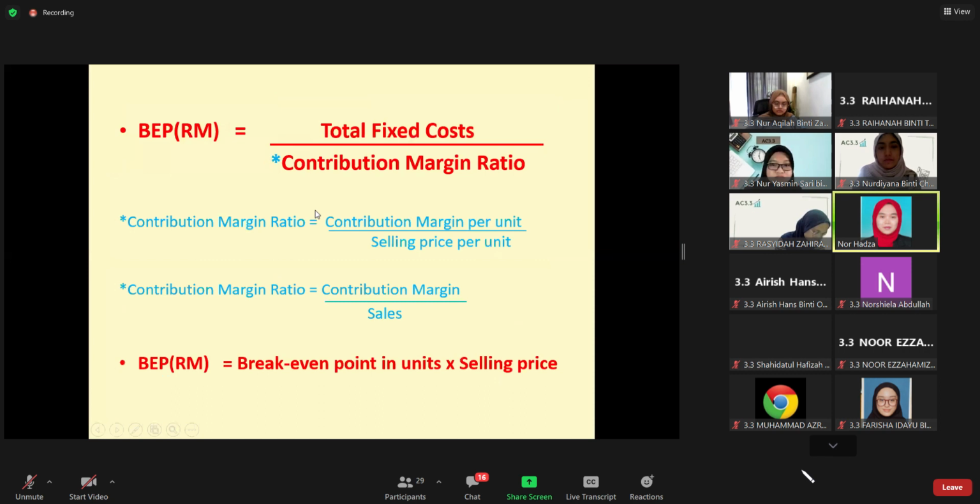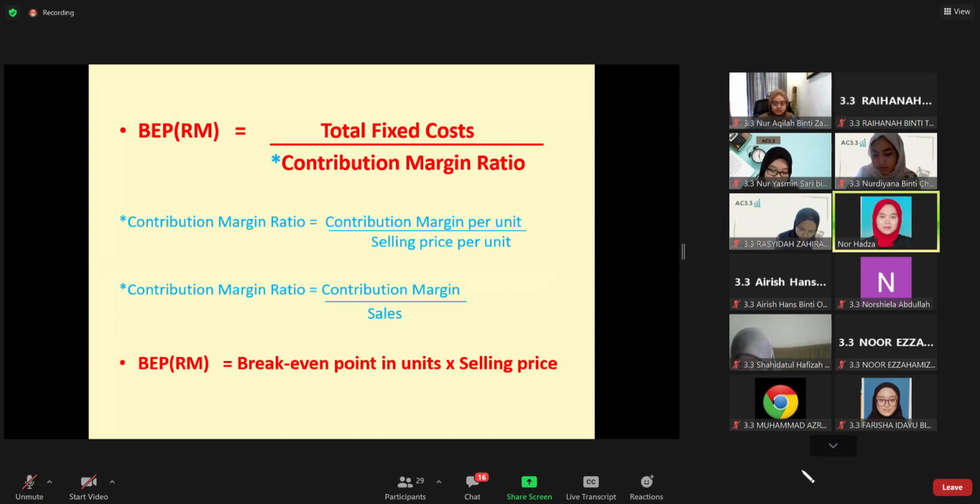What if we would like to know how much is the sales value? How much is the value of the break-even point? At what sales revenue will there be no profit or no loss? The same formula, but we divide the total fixed cost by the contribution margin ratio. How do we calculate contribution margin ratio?